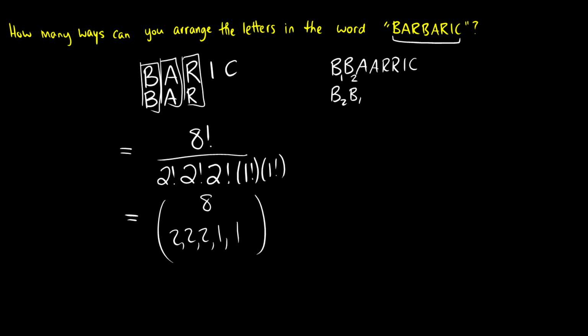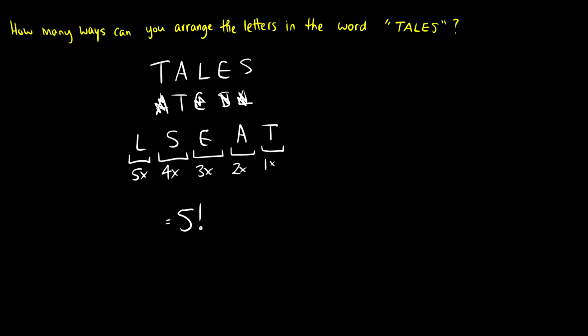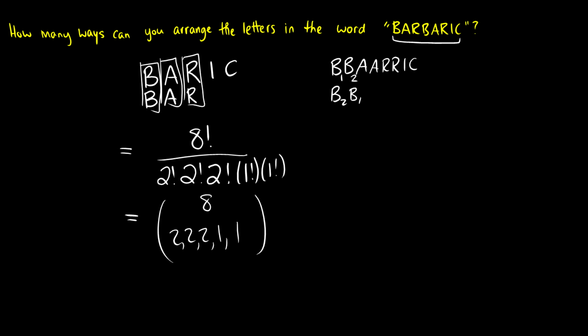But it's good to mention that, really, in the previous question, it's 5 factorial over 1 T, 1 A, 1 L, 1 E, and 1 S, but that's not necessary. So that is another permutation question when we have repetitions in them.